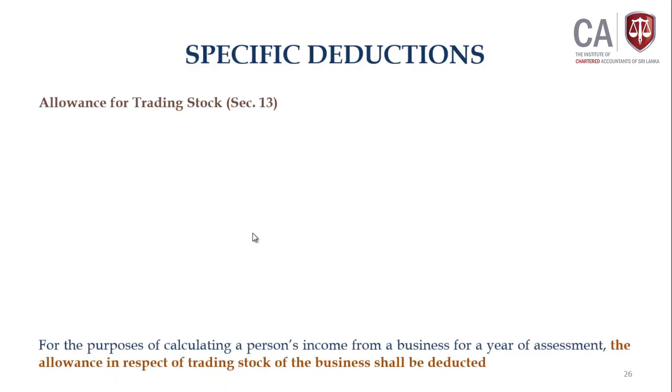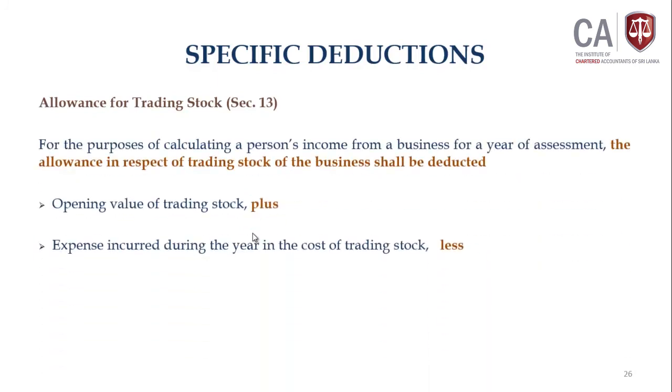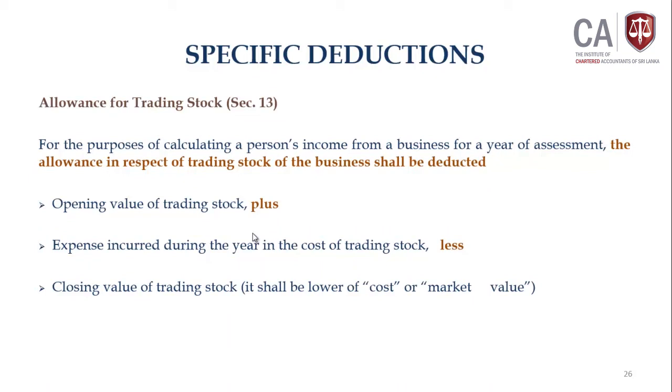Then look at section 13, the allowance for trading stock. What is this whole thing about? Basically it is the cost of sales. We never look at the allowability of the cost of sales, because the cost of sales is 100% used for revenue generation in the production of income.